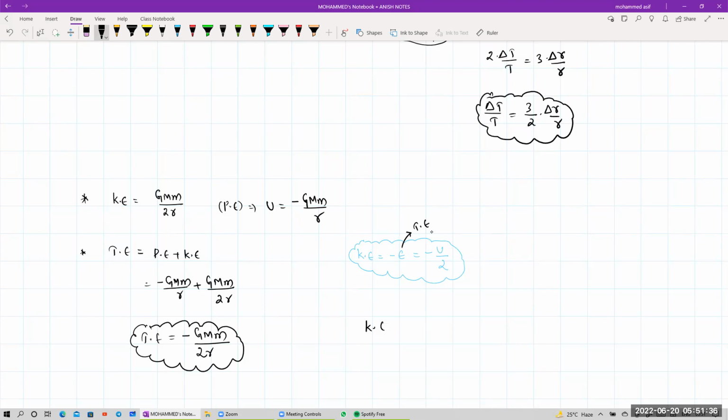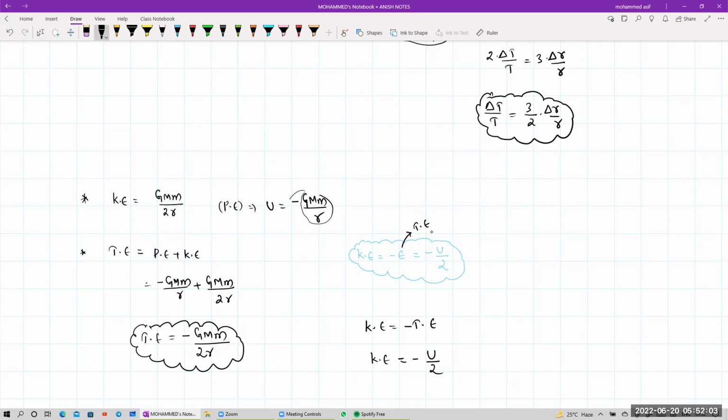Kinetic energy is equal to minus of total energy. Kinetic energy is also equal to capital G, capital M by R, which can be written as minus of U by 2.